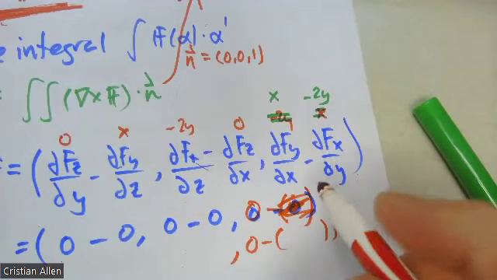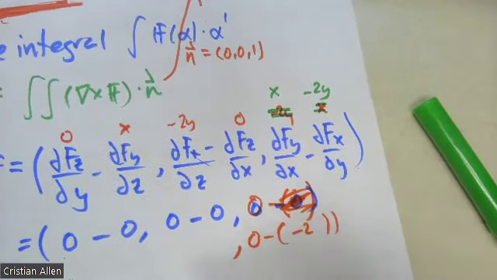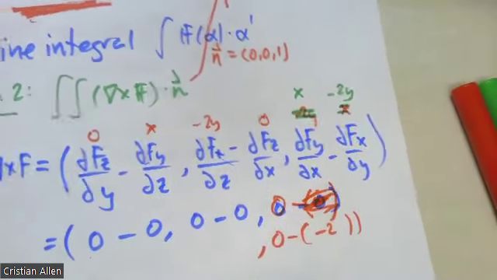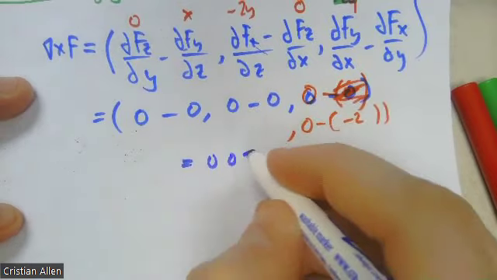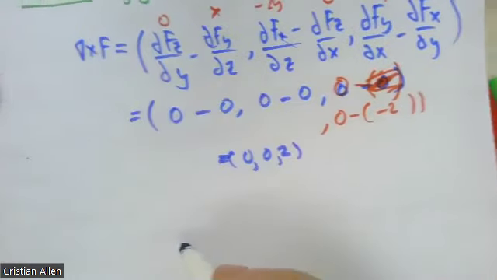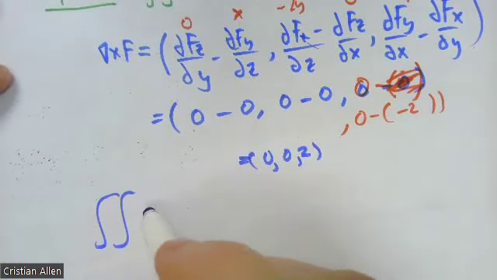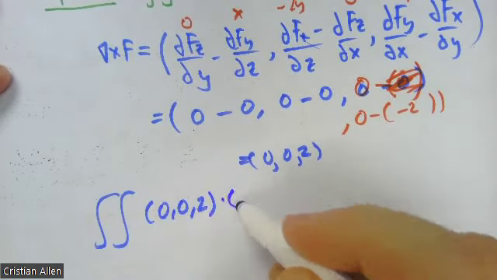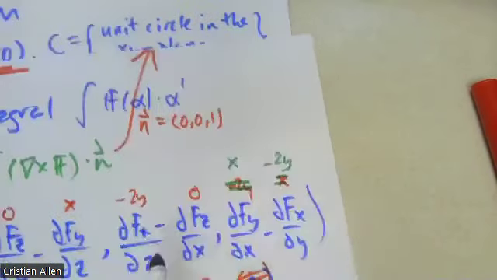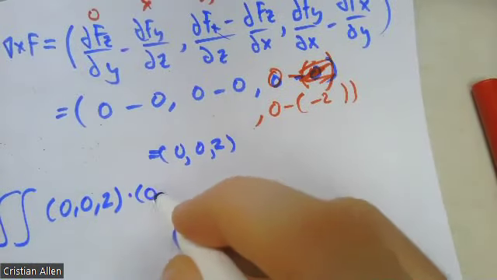Negative 2y with respect to y is negative 2. So this is plus 2. So our curl is 0, 0, 2. All right, so we go ahead and drop that in to the double integral, and we dot product that with the normal vector that we talked about earlier.